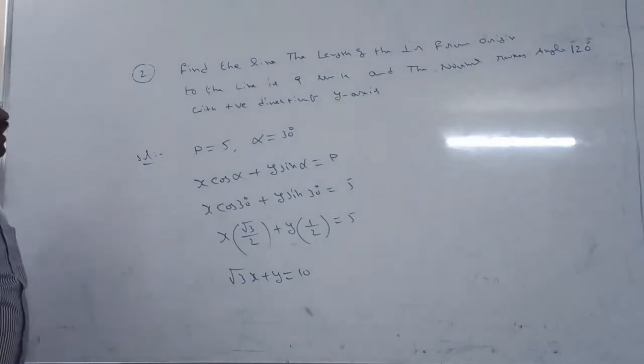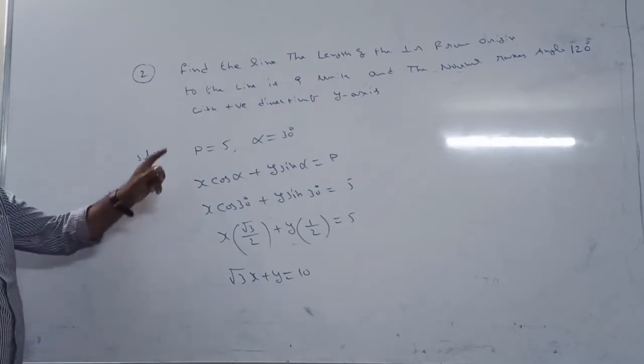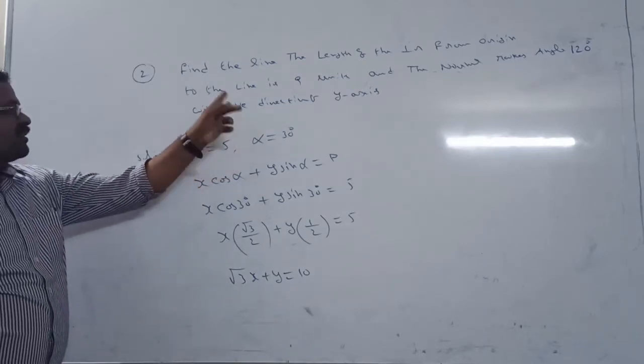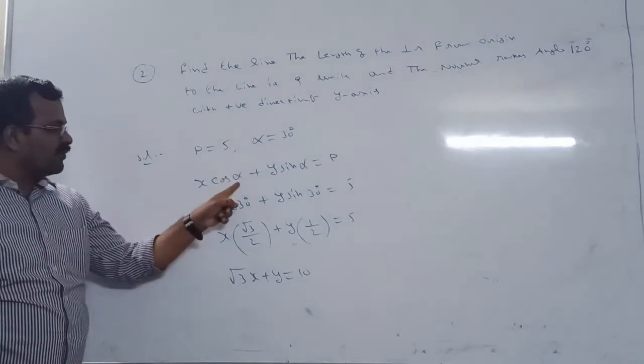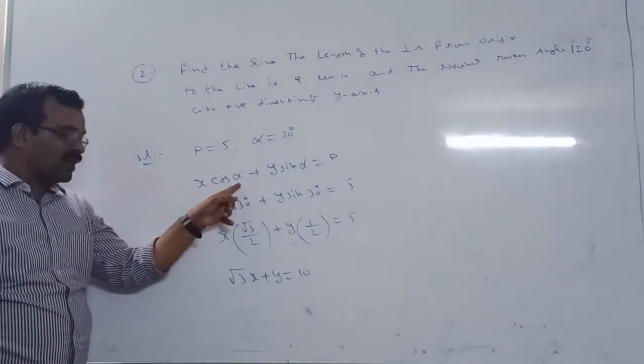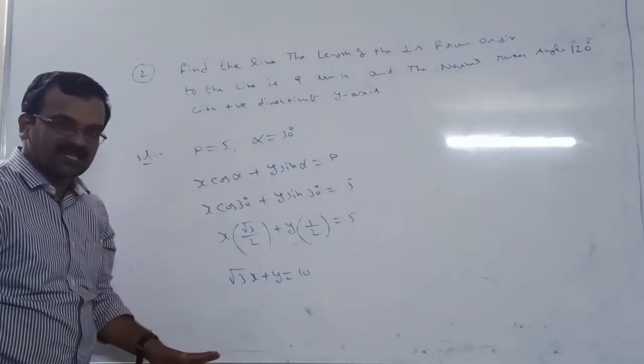I changed it to the y-axis. In our normal form, alpha always means the angle made by the normal with the positive direction of the x-axis.